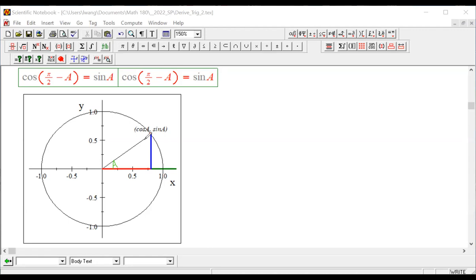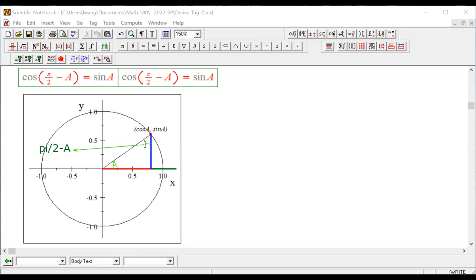And this angle I'm going to mark is pi over 2 minus A. So that angle is pi over 2 minus A, and the other angle is A. So these two angles are complementary. In other words, the sum of these two angles makes pi over 2 or 90 degrees.